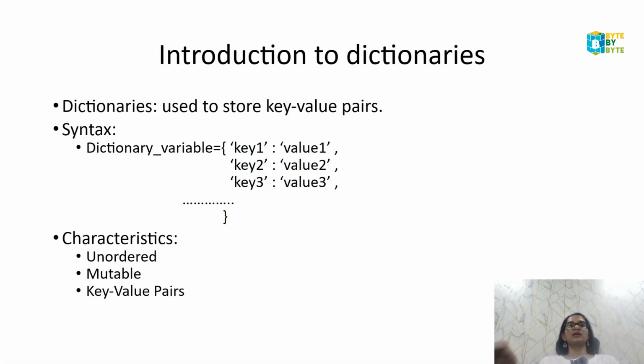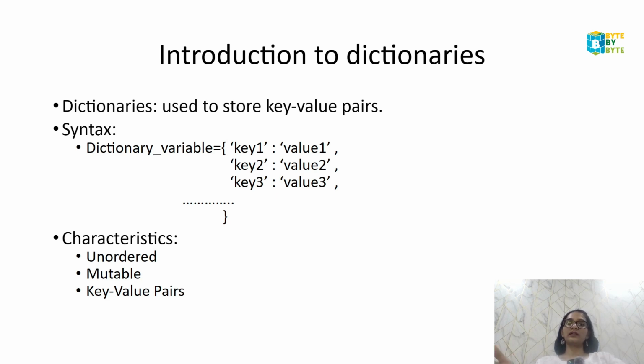Now the next data structure is dictionary. A dictionary is used to store key value pairs. Your key can be of any type, your value can be of any type, but there is a restriction on the key that it should be unique. Keys should always be unique.